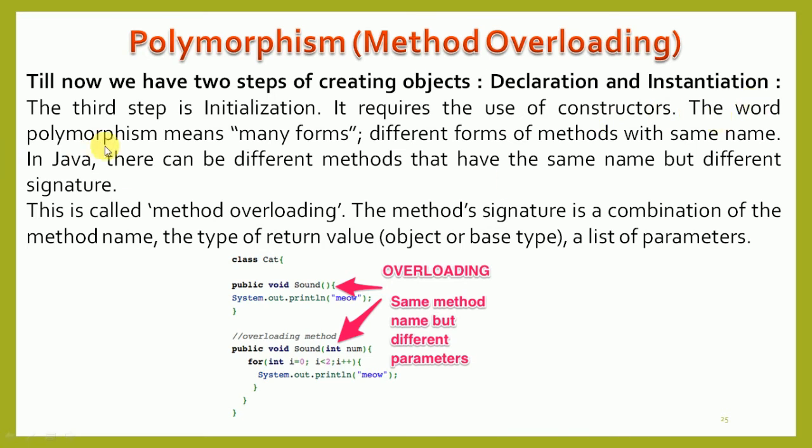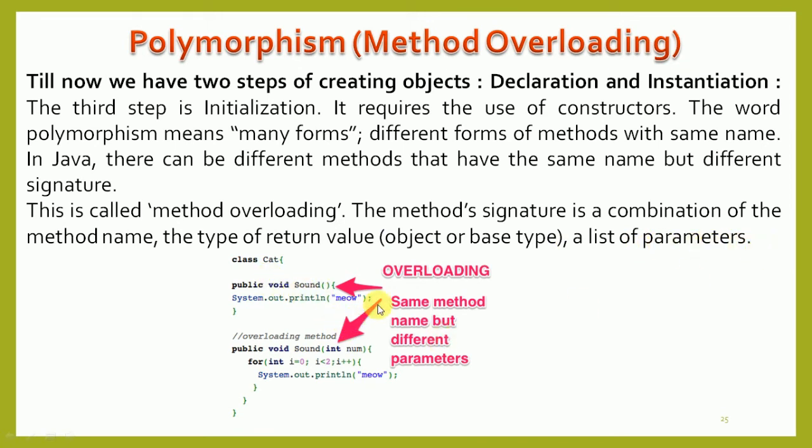The word polymorphism means many forms: different forms of methods with the same name in Java programming. There can be different methods that have the same name but different signatures. That is called method overloading. The method signature is the combination of the method name, the type of return value, and a list of parameters.